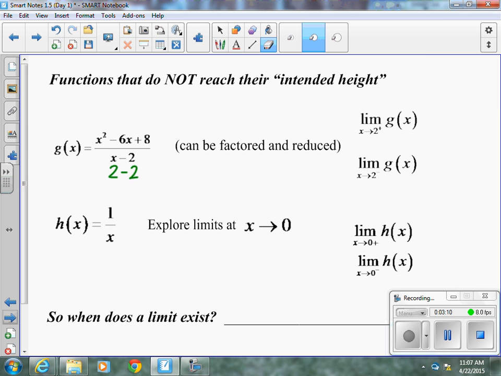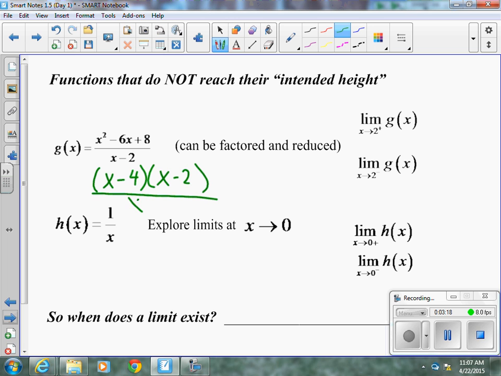Instead, we could factor the top and see that our x minus 2's cancel out, which means this looks like the line y equals x minus 4 with a hole at 2.